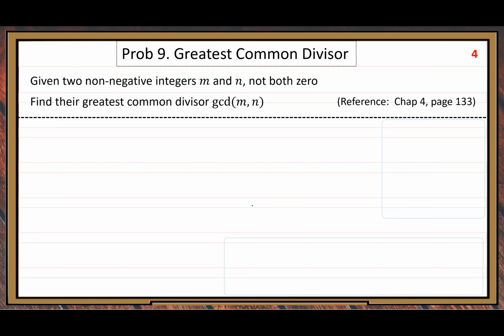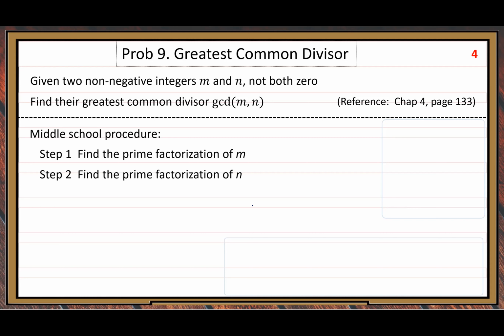Here is the reference in our textbook, but I like to go back to the middle school procedure first. In middle school, how do we find the answer? Step by step. Step 1, find the prime factorization of m, the first integer. Step 2, find the prime factorization of n.